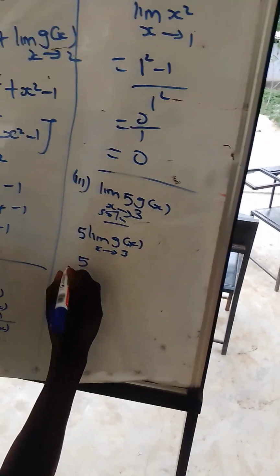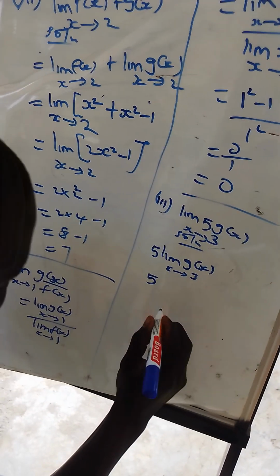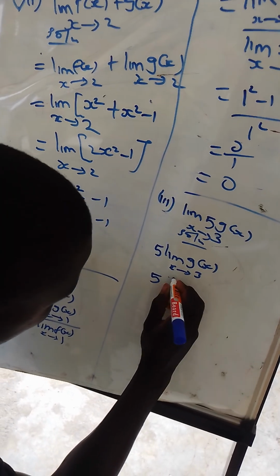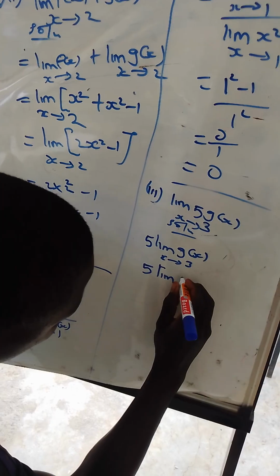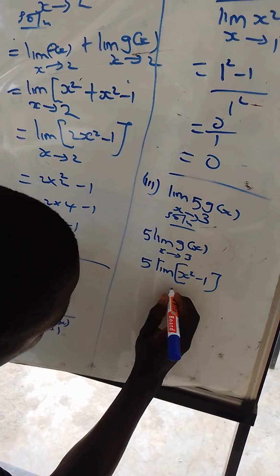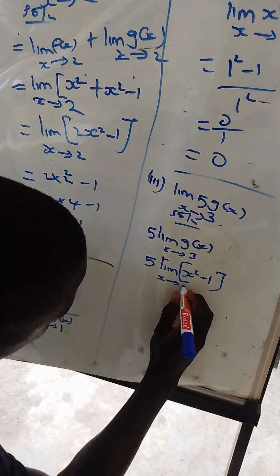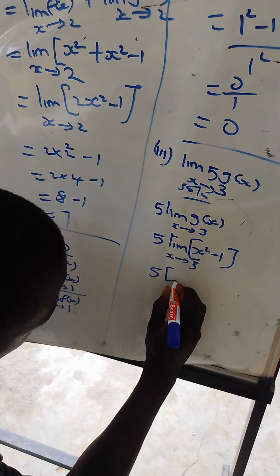This one is the same as 5, but our g over x from up there is the same as x squared minus 1. So we shall have 5 times our limit of the function x squared minus 1 for x tending into 3.